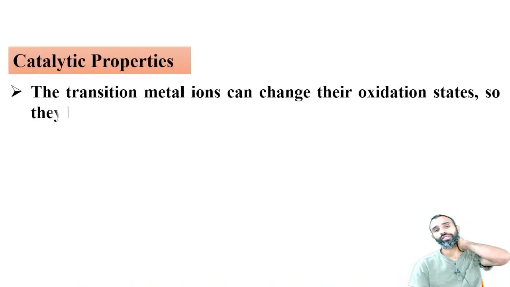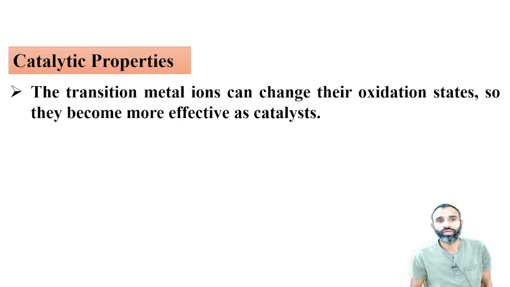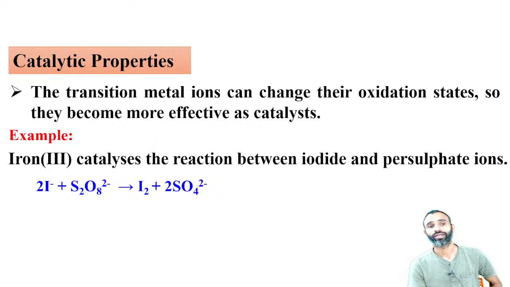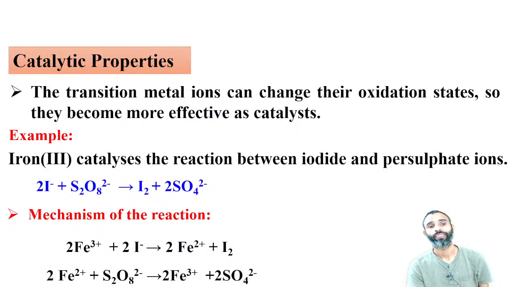Transition elements can change their oxidation states, so they become more effective as catalysts. Like iron 3 that catalyzes the reaction of iodide and persulfate. First, Fe3+ ion converts I negative into I2 and Fe3+ into Fe2+, then Fe2+ ion reacts with S2O8 persulfate to give sulfate.